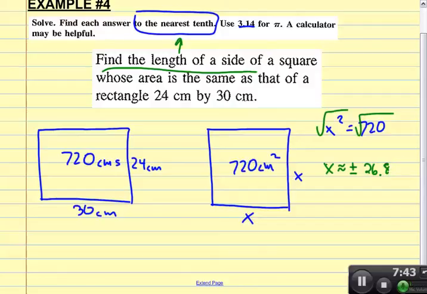Now, Mr. Cortez, you can't have a side that's negative 26.8 centimeters. You're right. So get rid of that negative sign. X is approximately 26.8 centimeters long. There you go.